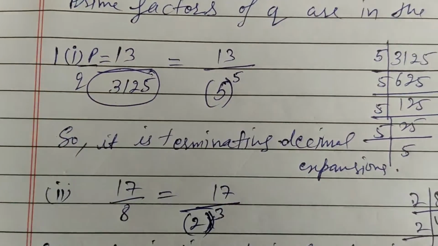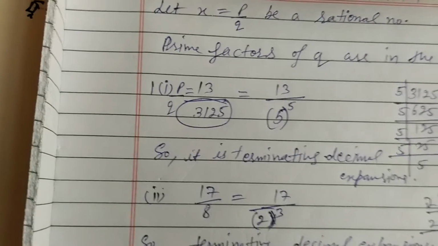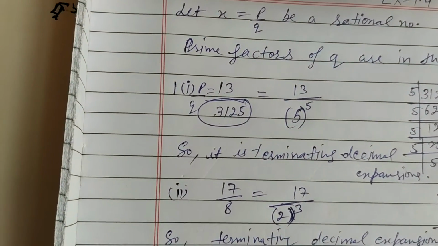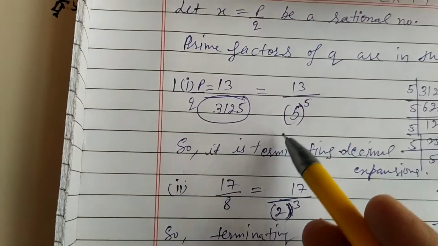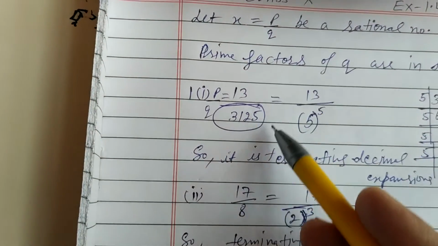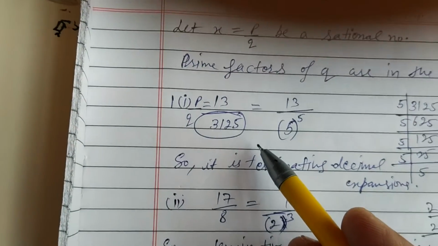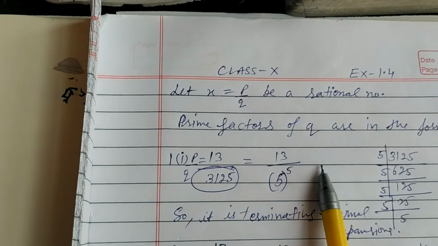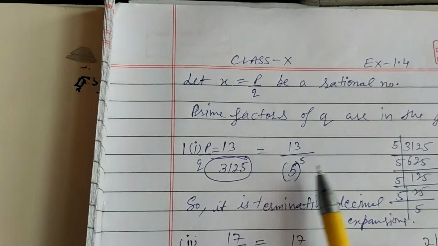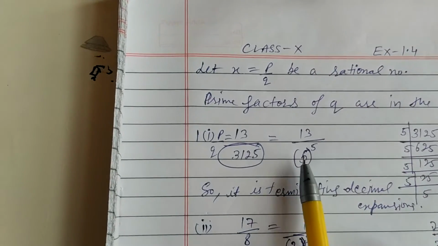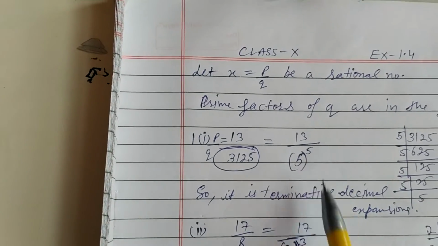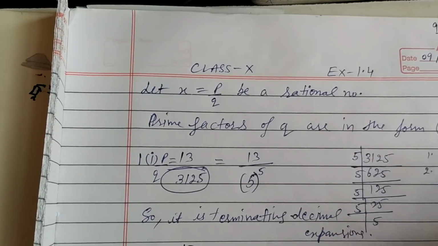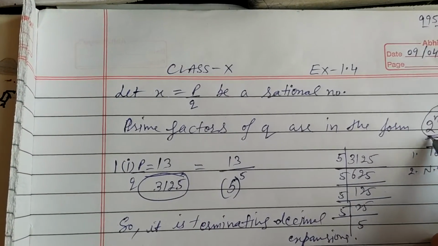Here, 13 upon 3125. This is in standard form. There is no common factor between numerator and denominator. So let's find the prime factors of the denominator. The denominator is 3125, which is 5 power 5. Is it in the form 2 power n into 5 power m?